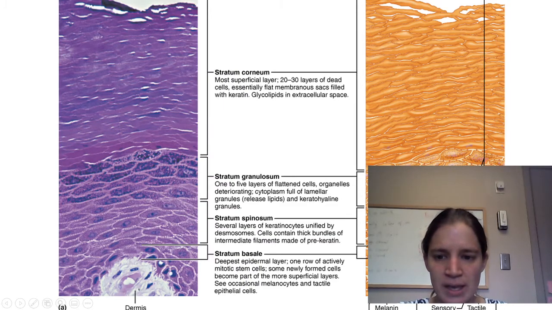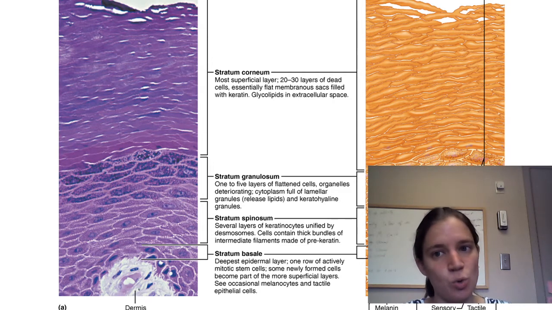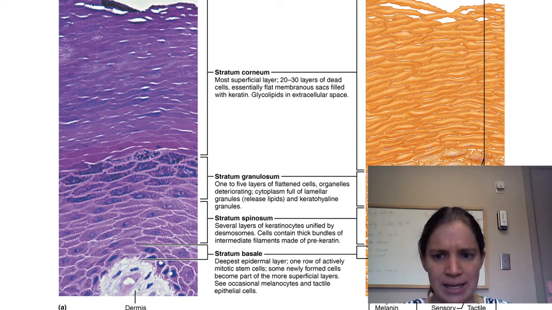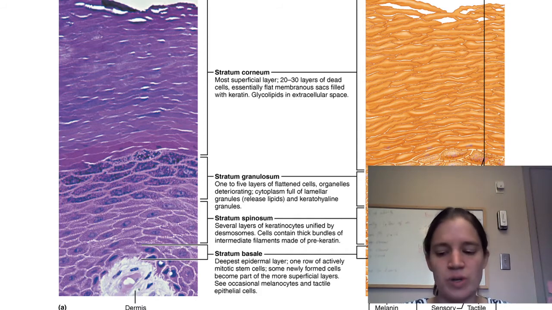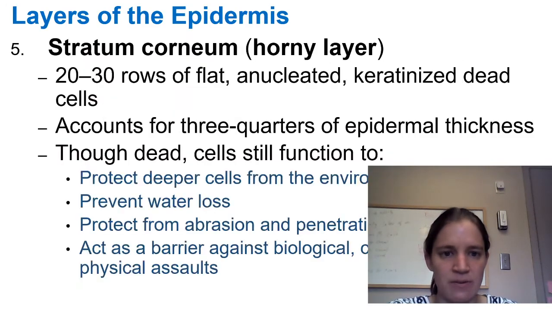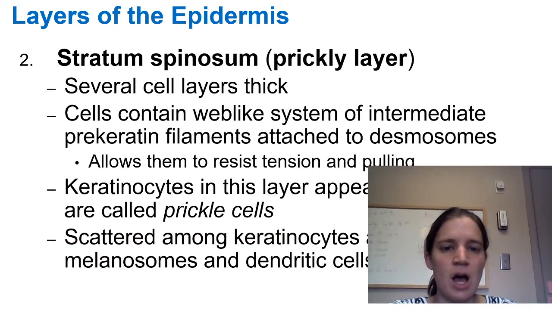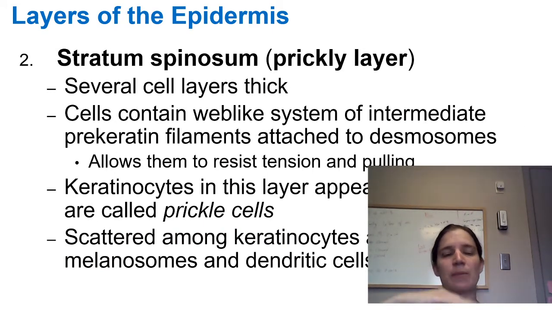Right here, if we're looking, they're prickly looking, they're connected to each other. And this is really important because you don't want them to fall apart. Not yet, at least. You want them to be connected to each other to resist tearing, to be able to handle stretch, that kind of thing. So that's the second layer up. We've got the basal layer, we've now the prickly layer.